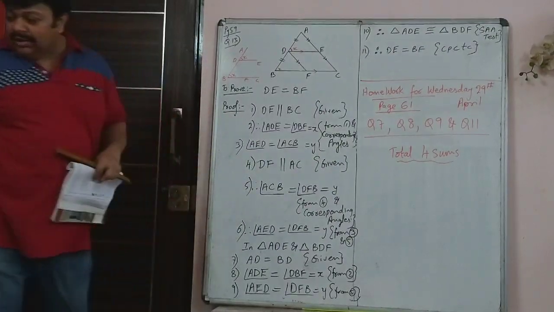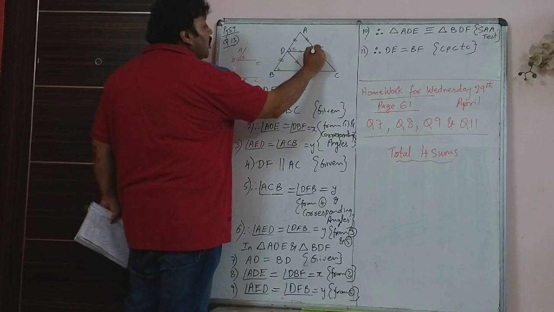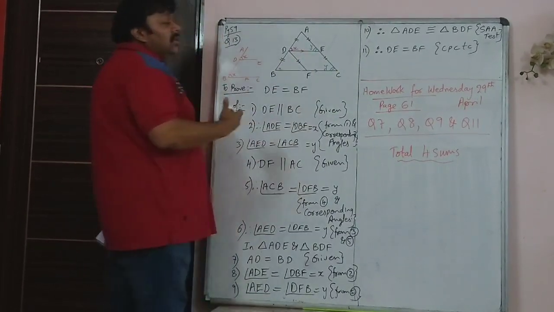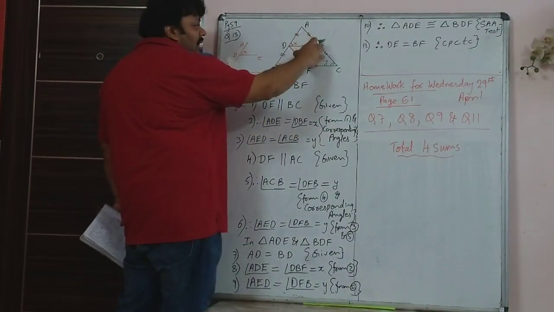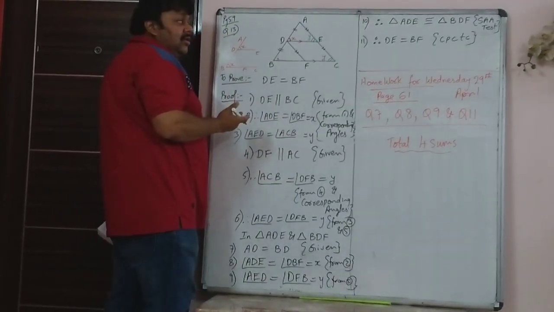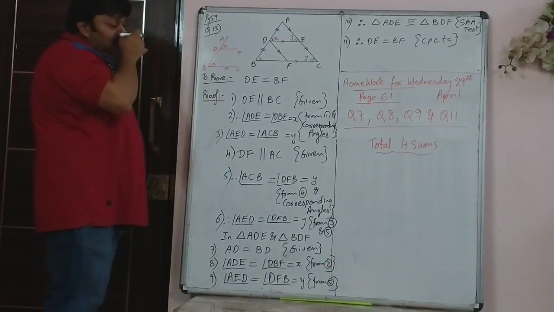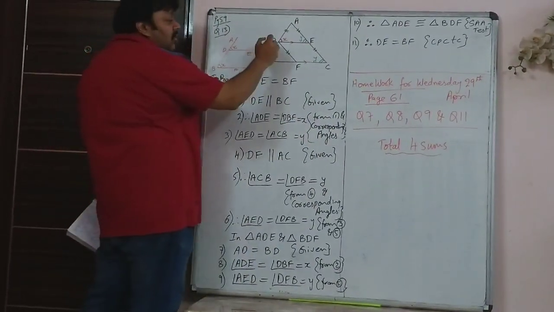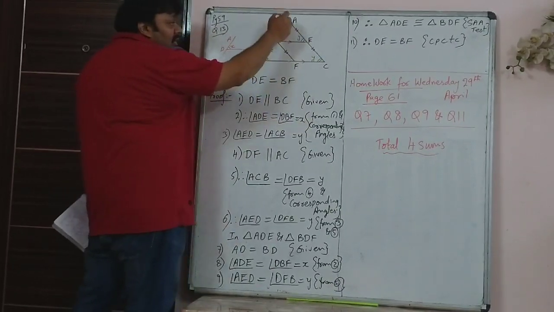Similarly, on the other side, I can mark these two angles as y. Same reason, DE is parallel to BC, so angle AED and ACB will be corresponding angles, not alternate. These are corresponding angles. AB is the transversal, and in that case AC is the transversal. You are also given that DF is parallel to AC.